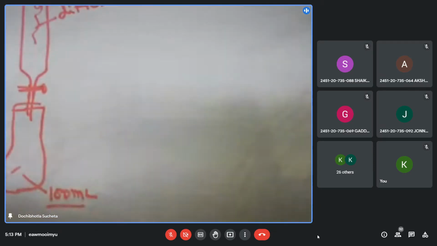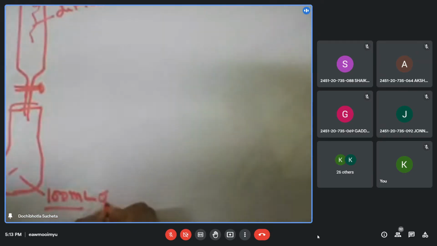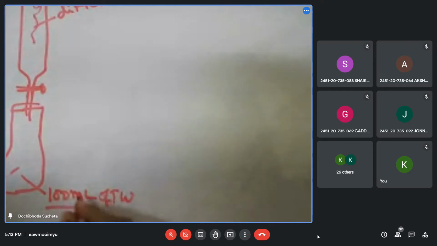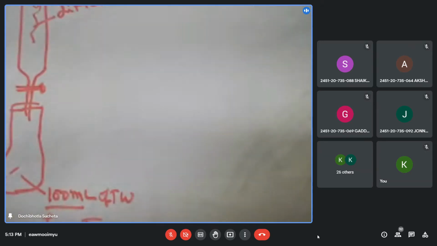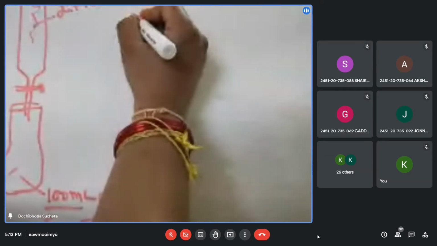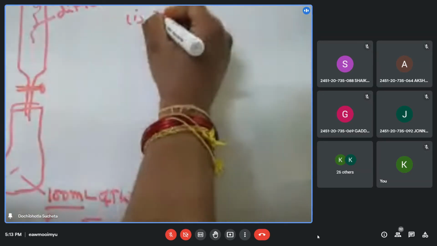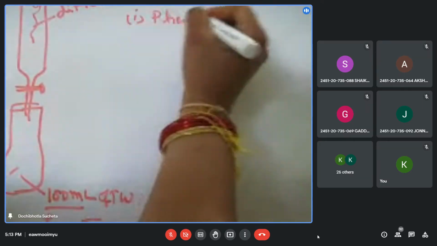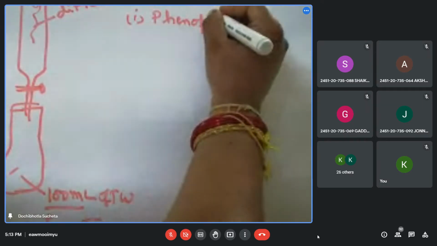What I should always do is take 100 ml of test water and indicator. What you should remember here is always, first I will add phenolphthalein indicator.